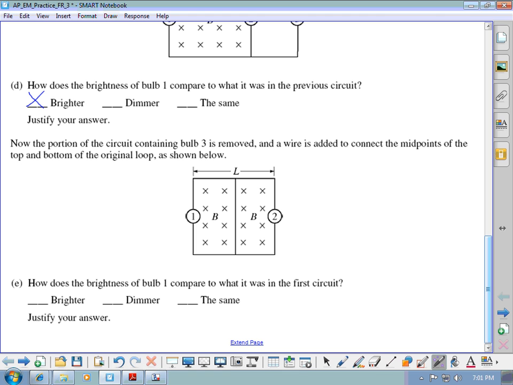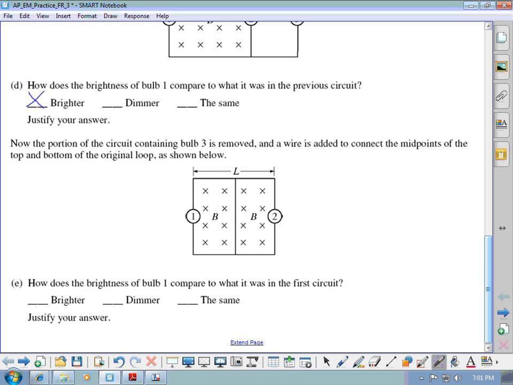So now the portion of the circuit containing bulb 3 is removed, and a wire is added to connect the midpoints of the top and bottom of the original loop. How does the brightness of bulb 1 compare to what it was in the first circuit? Well, one way of looking at this is that I have two loops.